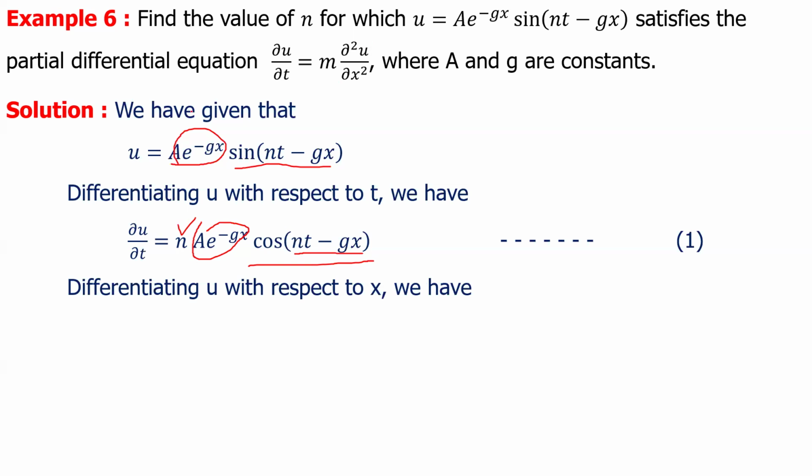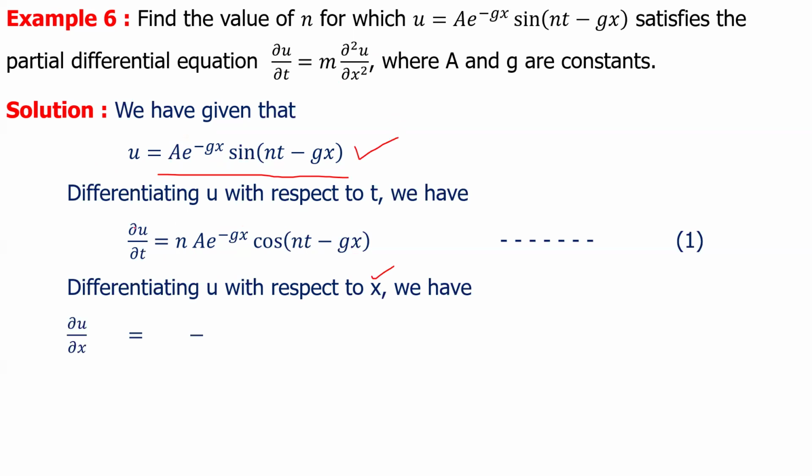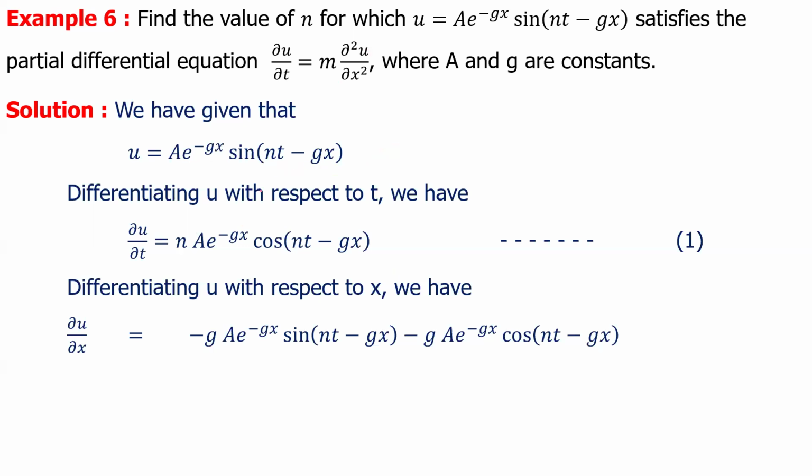Now we have to differentiate u with respect to x, and not only one time, we have to differentiate two times. So let us first differentiate one time. Here this is a function of x and this is also a function of x, so we have to use the product rule.